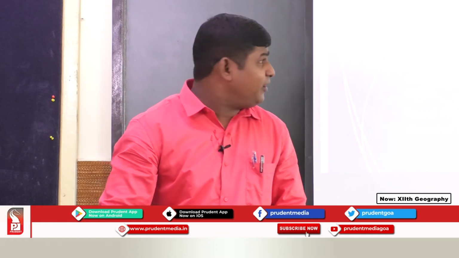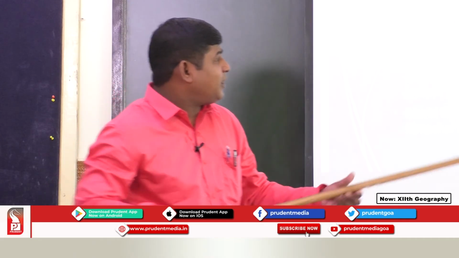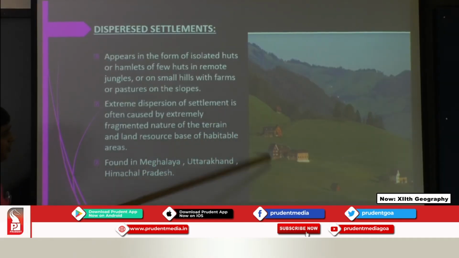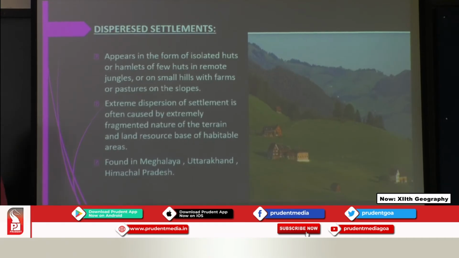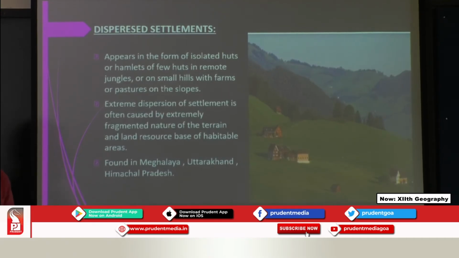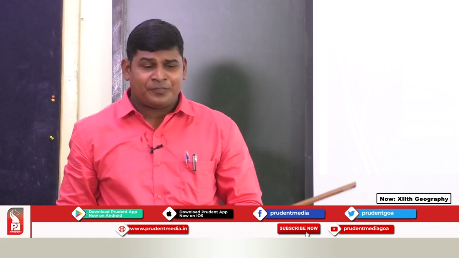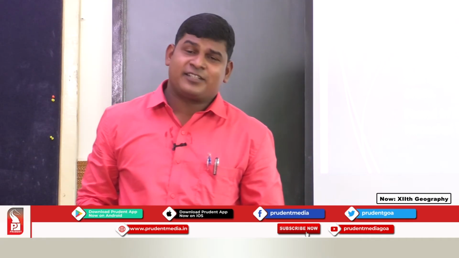You can see in the image clearly here, there is so much gap between the houses located far apart from one another, and such settlements are called dispersed settlements.